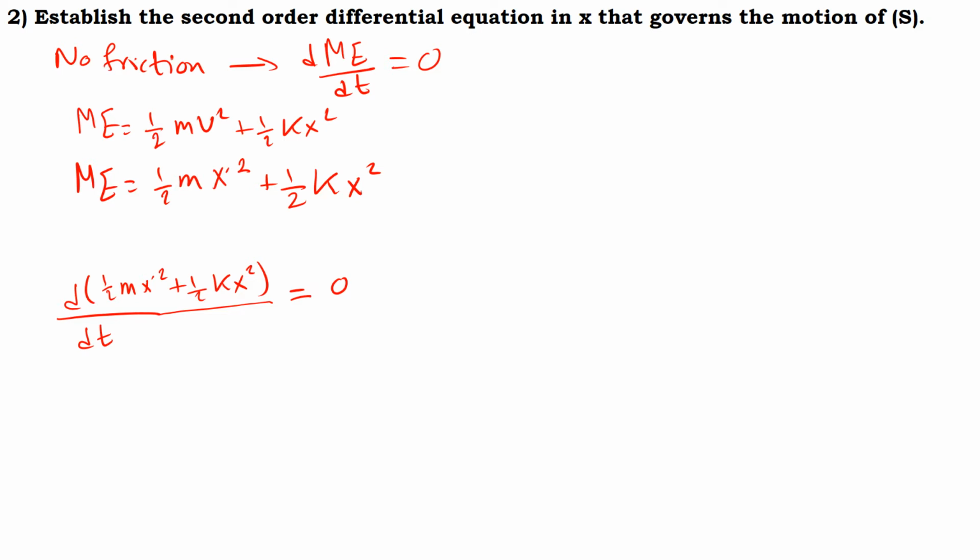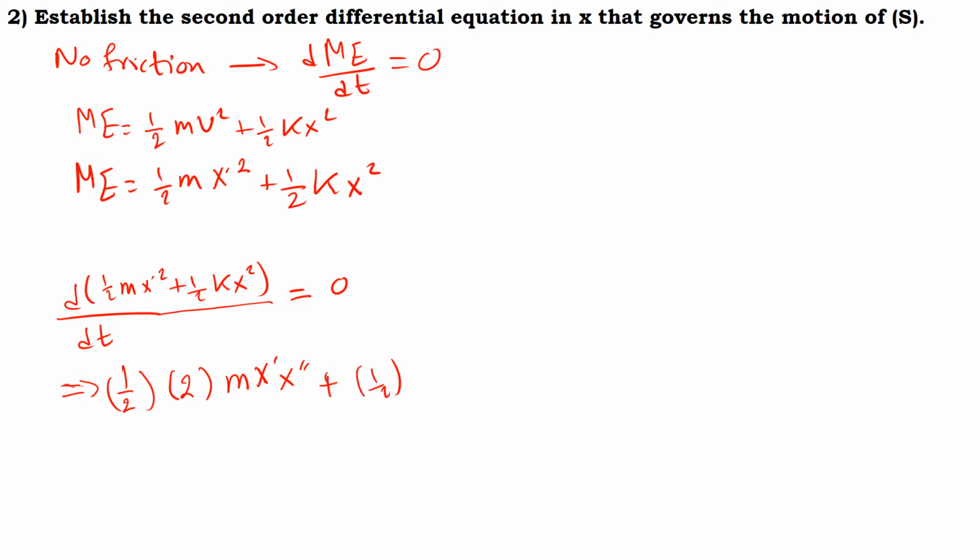Now, we will get 1 over 2. I'm doing the derivative for the first part. x prime squared becomes 2 m x prime x double prime, plus 1 over 2.